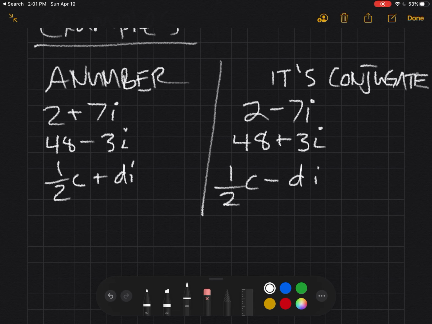If I have 48 minus 3i, then the conjugate is 48 plus 3i. If I have 1/2 c plus di, the conjugate is 1/2 c minus di.